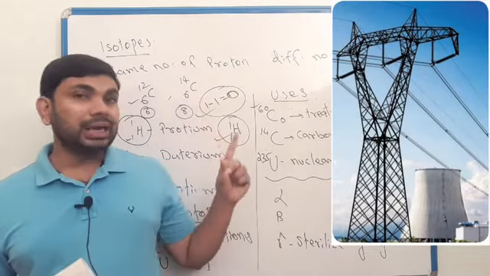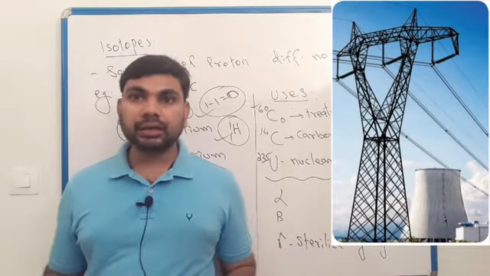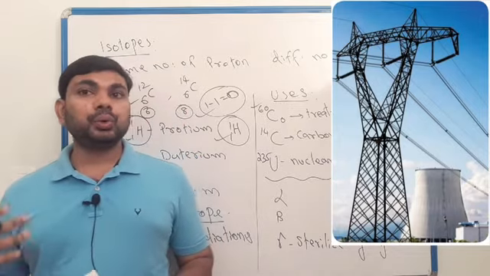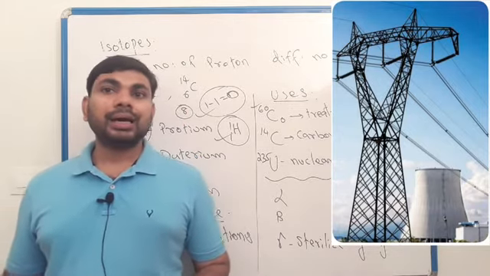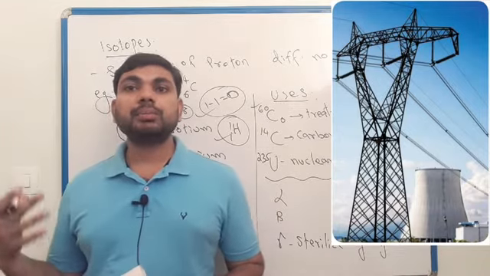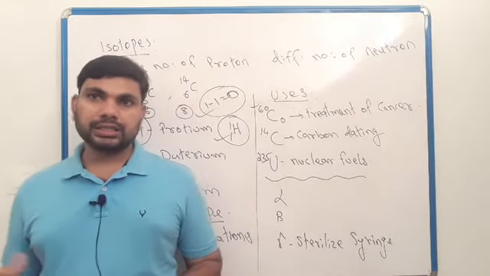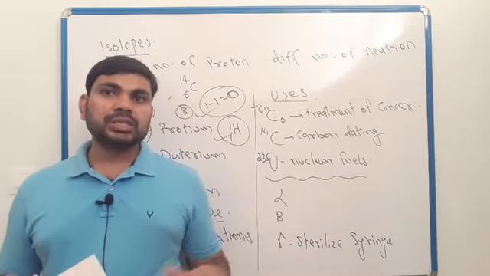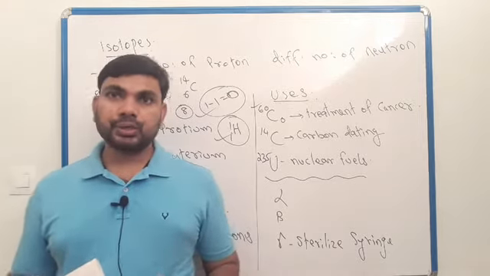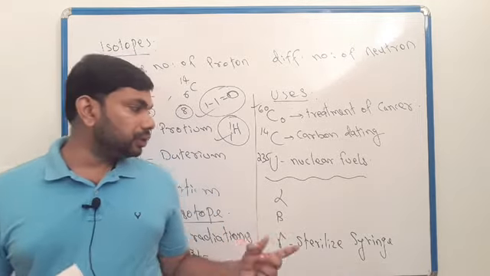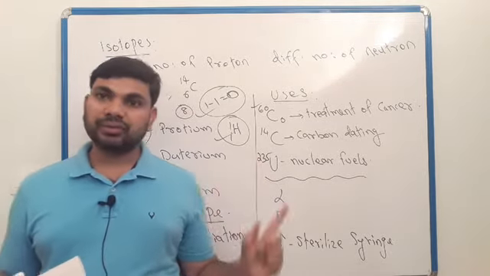In this nuclear reactor there are many reactions like nuclear fission, and it produces a large amount of energy and we can utilize this energy. So in a nuclear reactor we will use uranium 235.